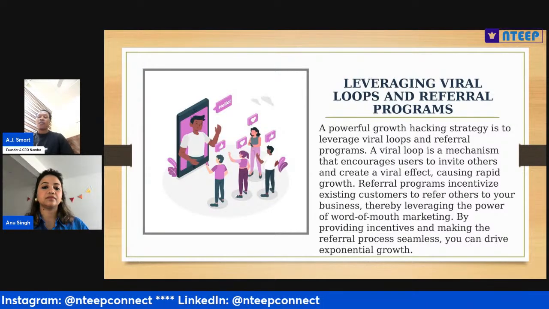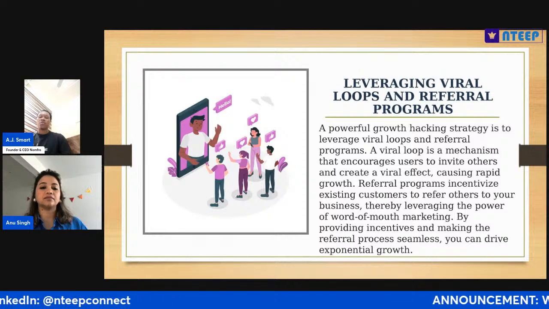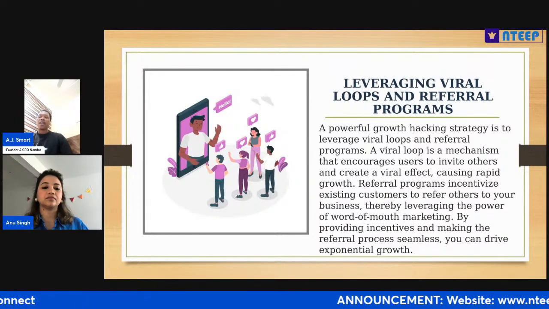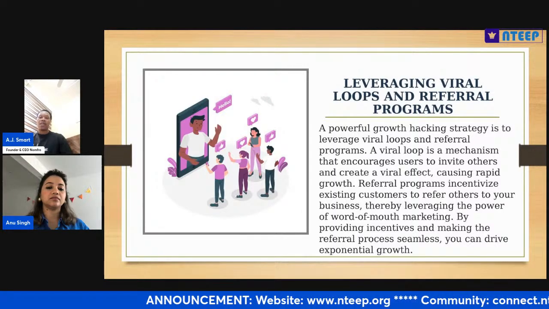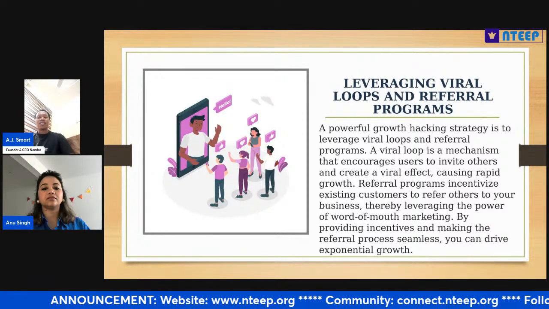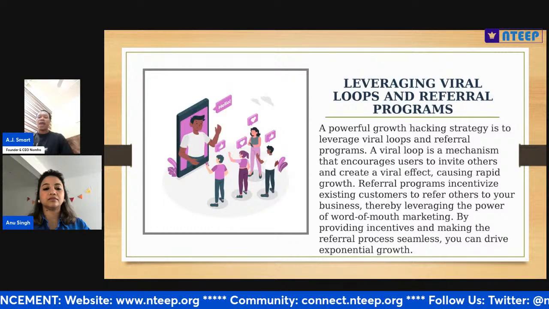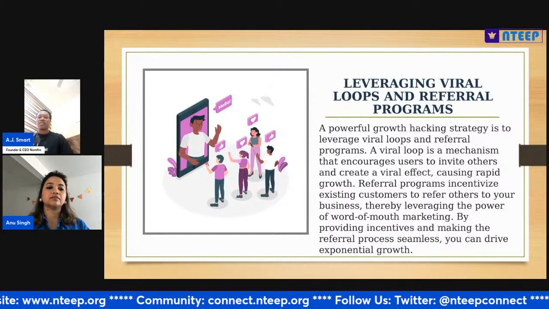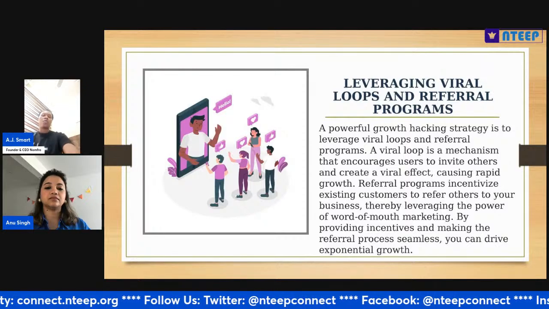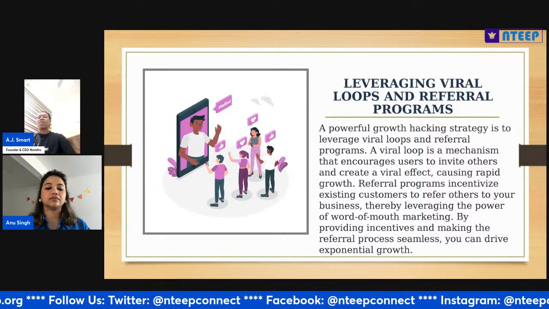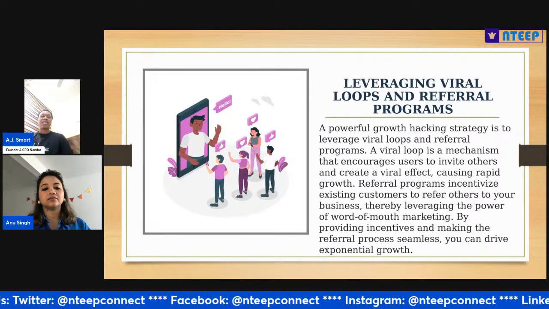It causes existing customers to refer others to your business, thereby leveraging the power of word of mouth marketing. By providing incentives and making the referral process seamless, you can drive exponential growth. Very important. And that is why marketing is very important.